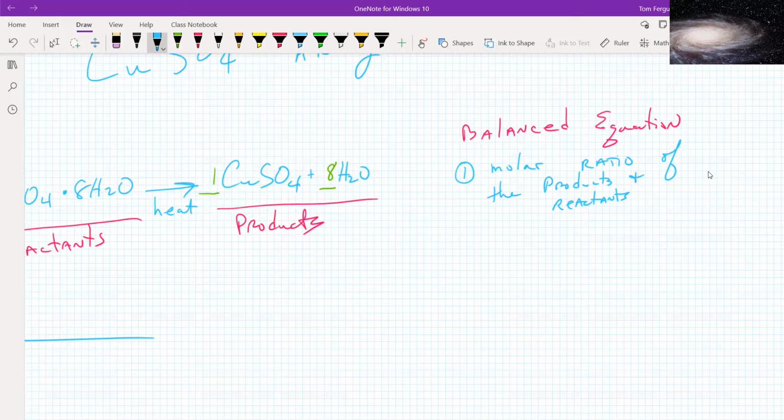Molar. We get that from the coefficients.